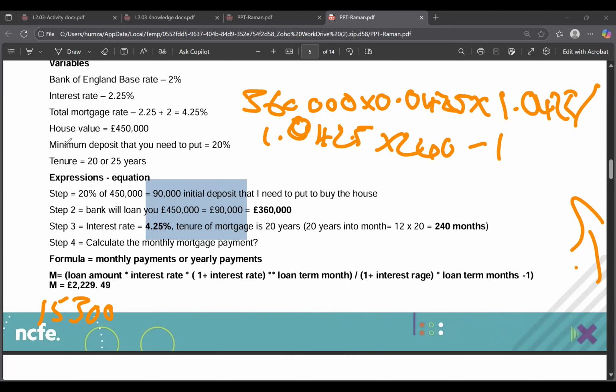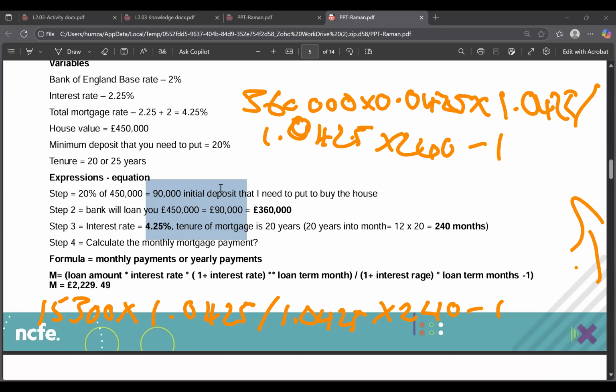So multiply by 1.0425, and then 240 take away 1.